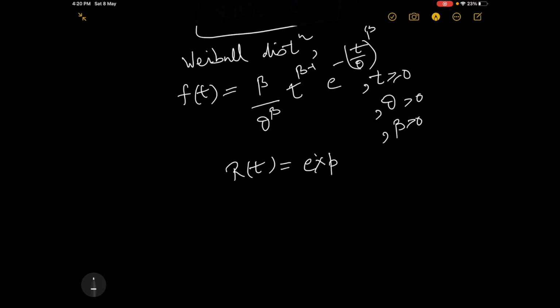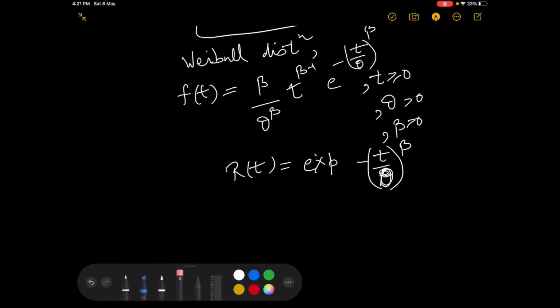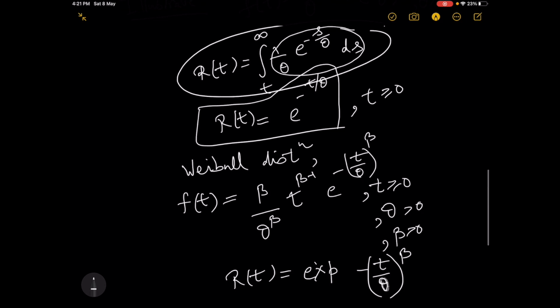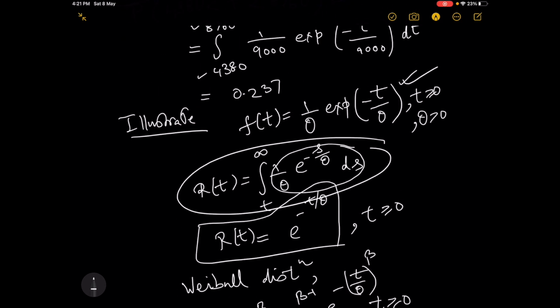Working out the arithmetic, we find that this will have a totally different form. So, given a particular failure time density function, the reliability function can be obtained directly. This illustration helps us to know this small fact.